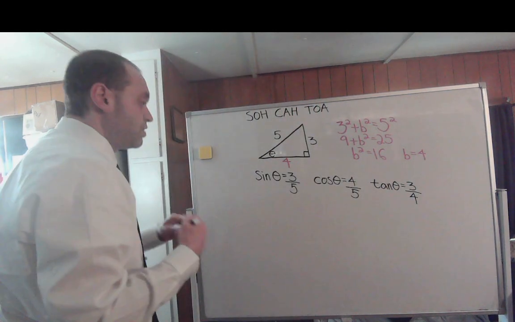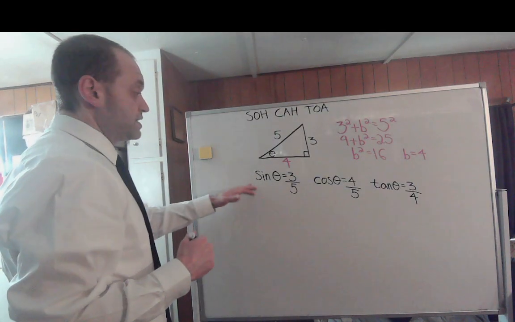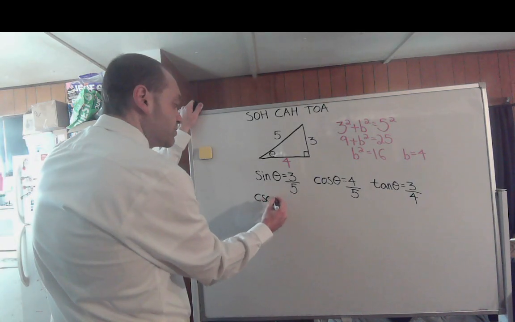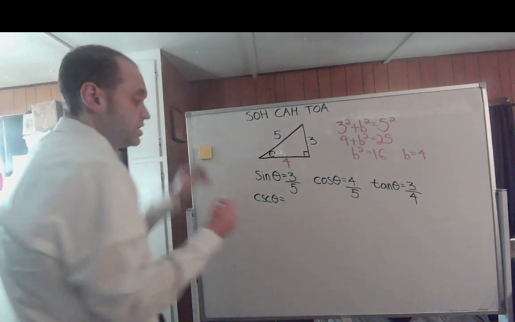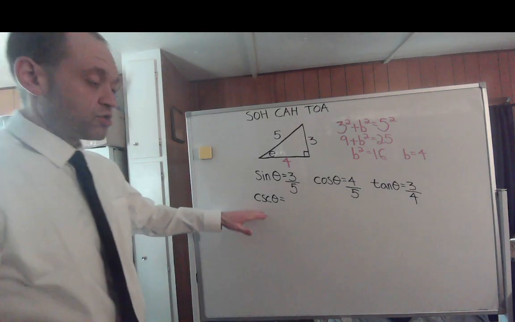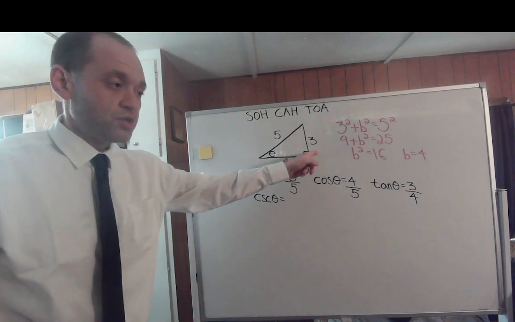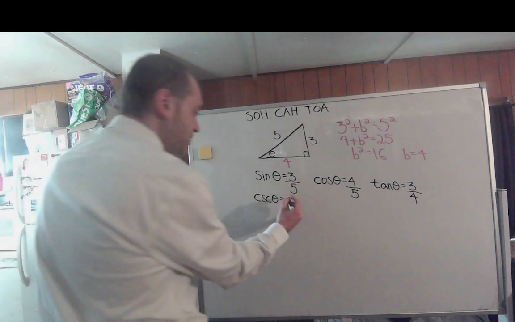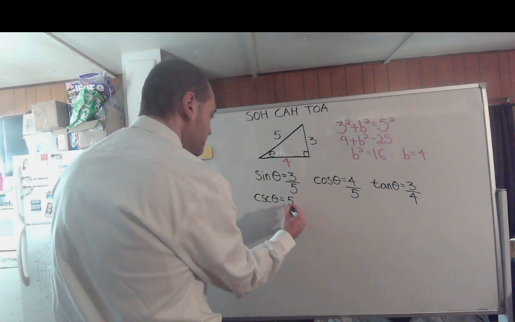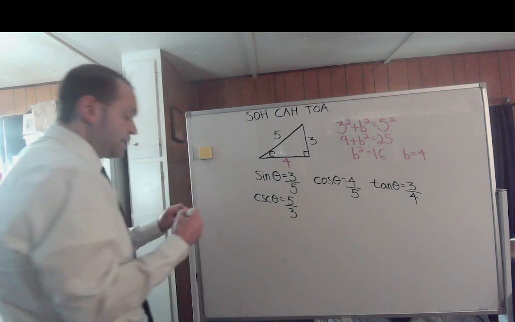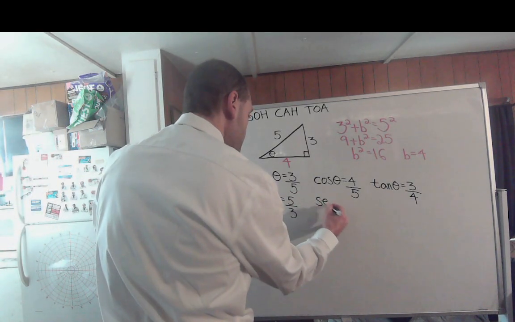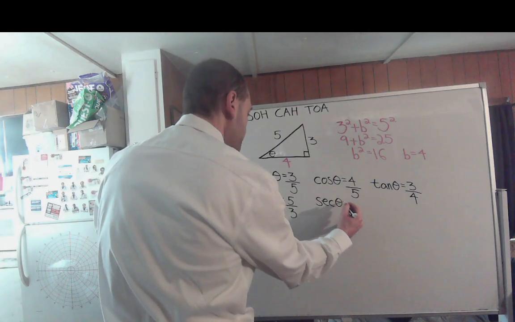Alright, now we can find the cosecant of theta, which is the reciprocal of the sine function. Cosecant's the reciprocal of sine, which would be hypotenuse over opposite, or simply just take the reciprocal of 3/5. You would get that the cosecant is 5/3. And then you have the secant of theta, which is the reciprocal of the cosine function.